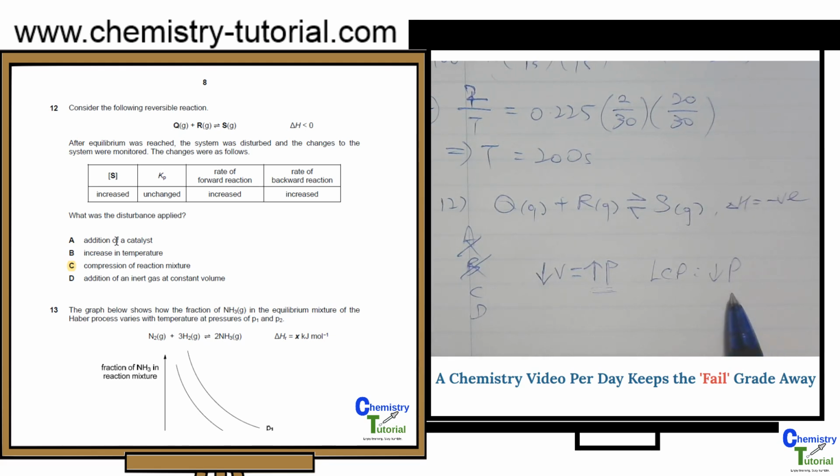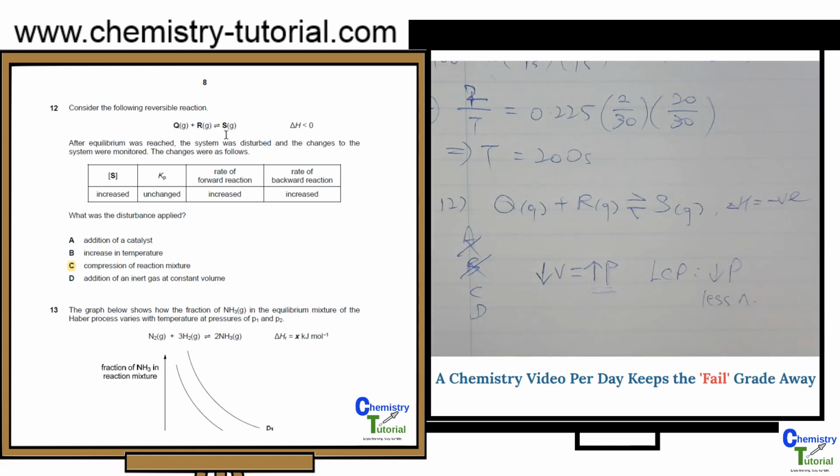How does it decrease the pressure? By favoring the side with fewer moles of gas. And notice that based on your reversible reaction equation, this side has 1 mole of gas, this side has 2 moles of gas. Hence, more product will be formed. Hence, the correct answer is C.